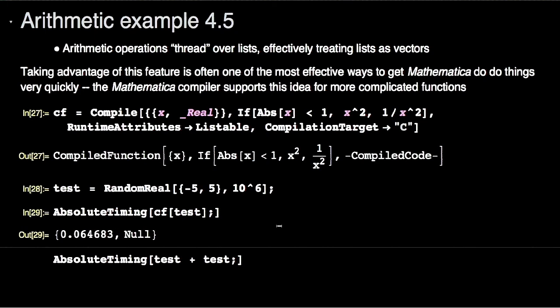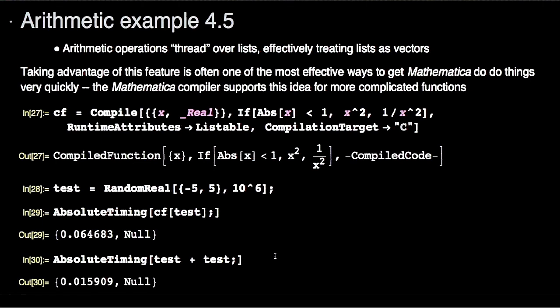Okay, so that takes 0.065 seconds, and that's 4 times slower than just doing addition. But considering the addition is done by special vector functions in the hardware, that's pretty good for something that is actually evaluating an if in Mathematica. So if you want code to run fast, a way to do it is to use listable operations, and this runtime attribute listable in the compiler can often be very, very fast.